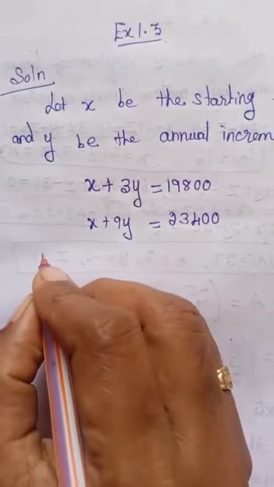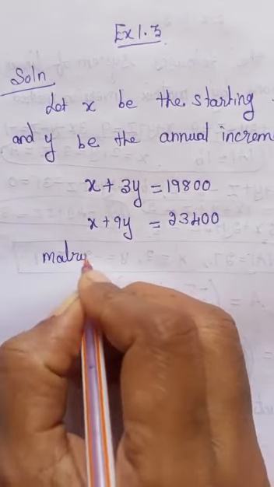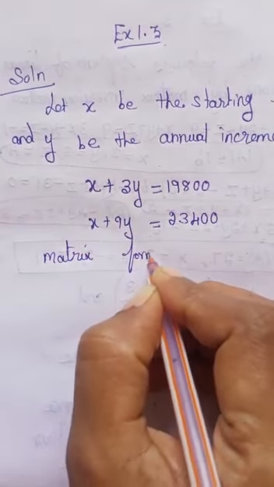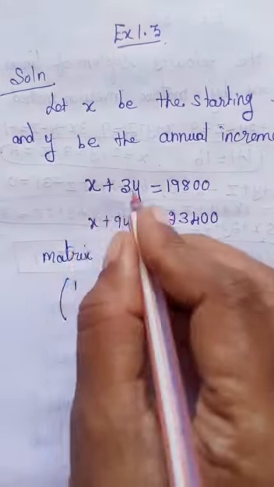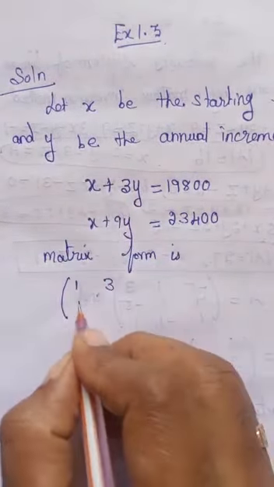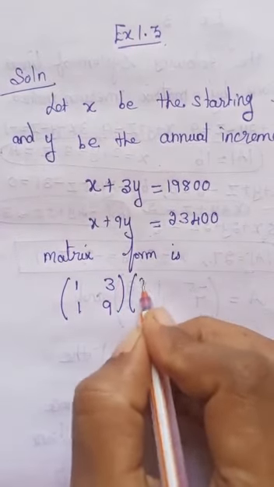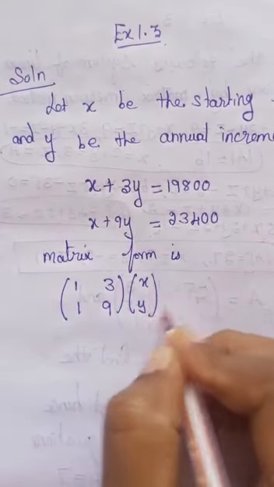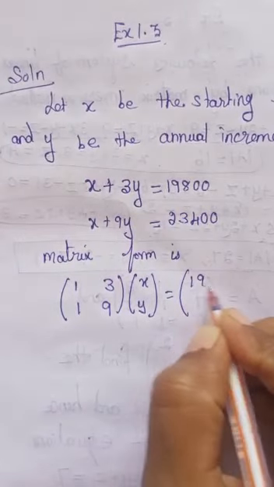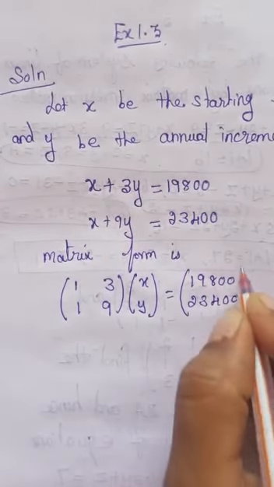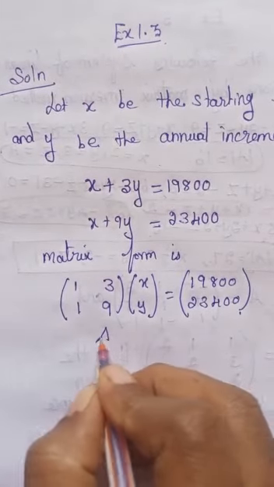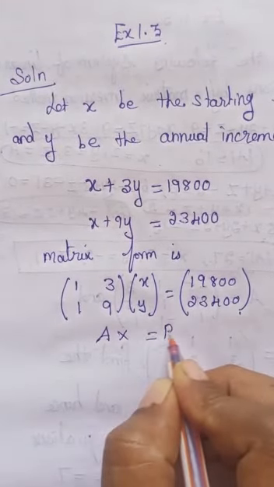The matrix form is the coefficients 1, 3, 1, 9 into X, Y is equal to 19,800, 23,400. This is of the form AX equal to B.